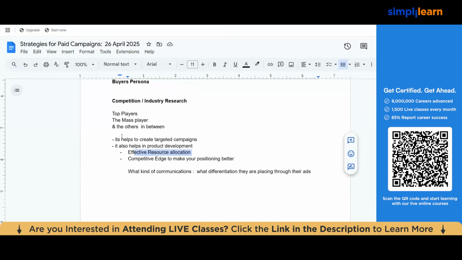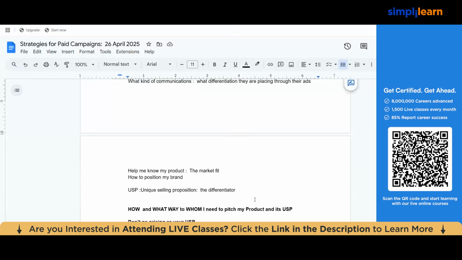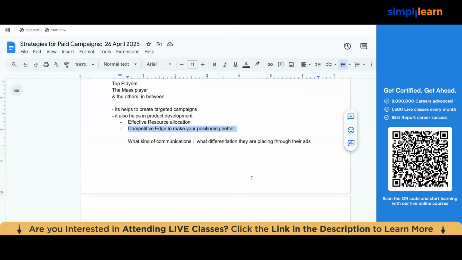And if we are able to do all of this, it definitely gives us a competitive edge compared to the competition, making our positioning better. Once the positioning is better, everything else falls into place, because if you are able to position your brand or your product better in the market among the target audience, wherever the target audience is, then all you need to do is give that final push to convert and make the sales happen.